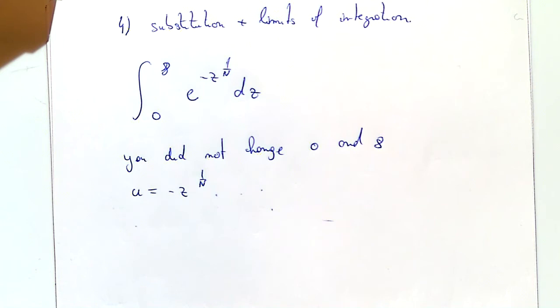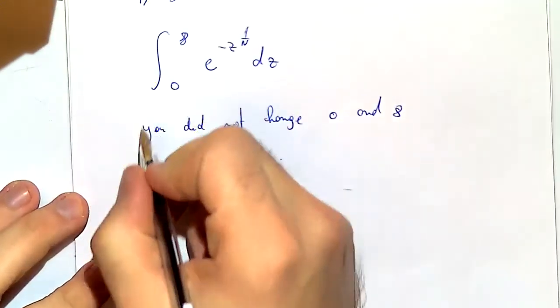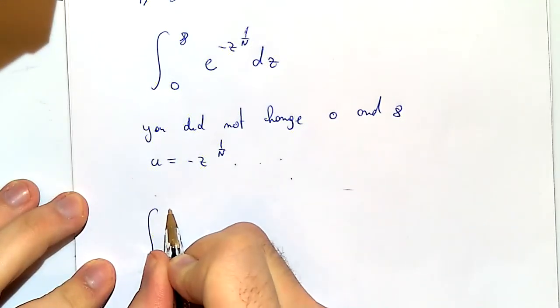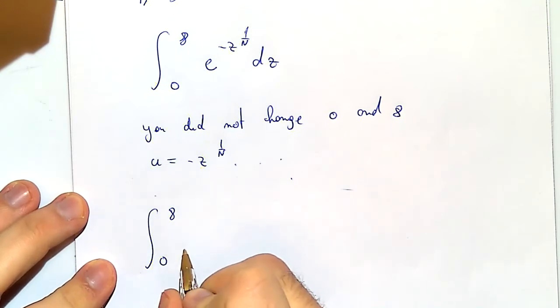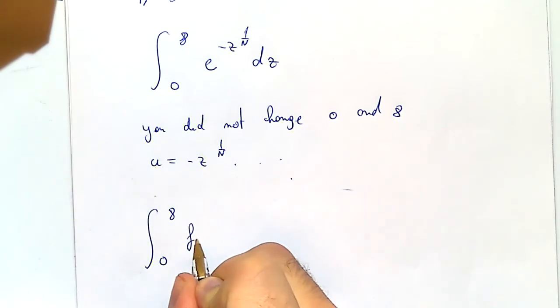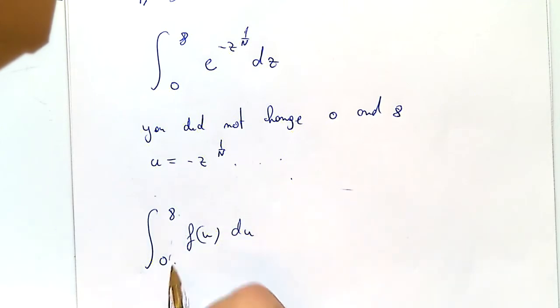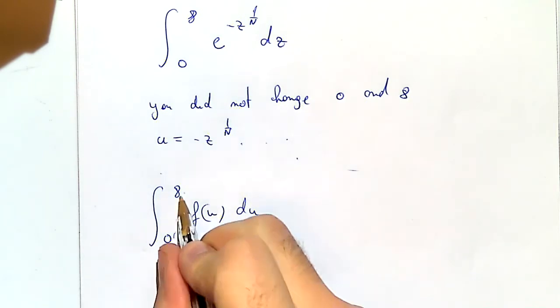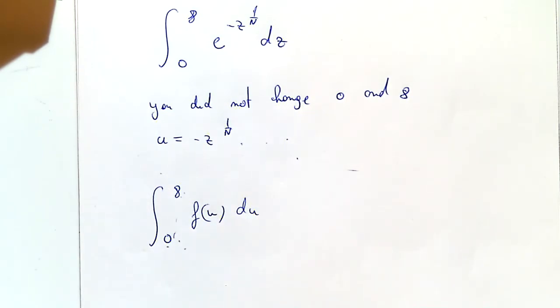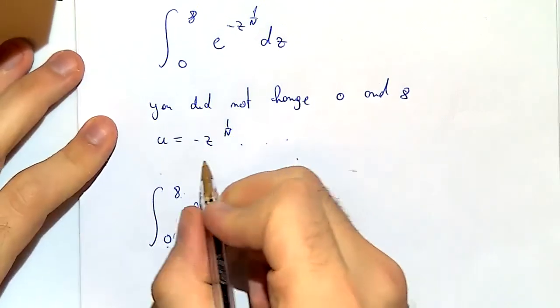It's about what you did wrong, and what happened was you had this integral from 0 to 8 of, and the problem is you kept u here. You had a function of u here, du, okay? And what I've told people is at this point, you are not integrating from 0 to 8 anymore, okay? What you're doing is you have to change.